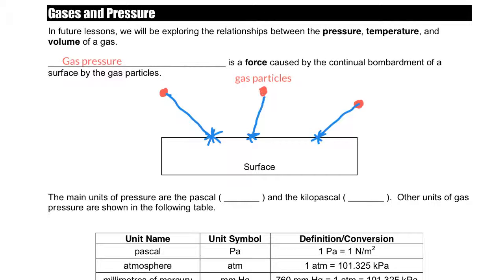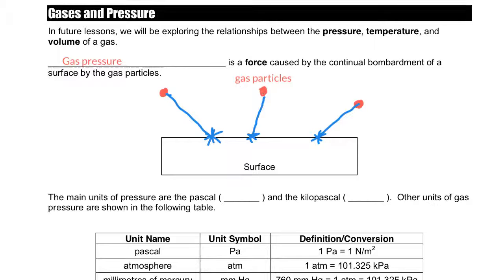So all of these forces, all of these impacts of the gas particles on the surface, all of those forces add up. And it's the total of those forces that we call pressure. So that's why we say gas pressure is a force caused by the bombardment of the surface by gas particles.